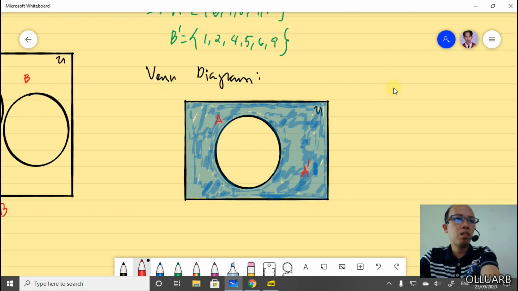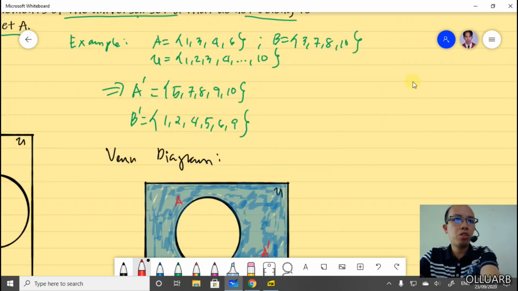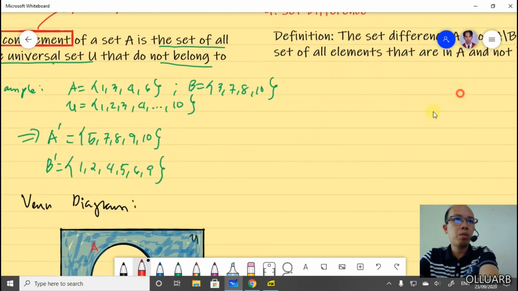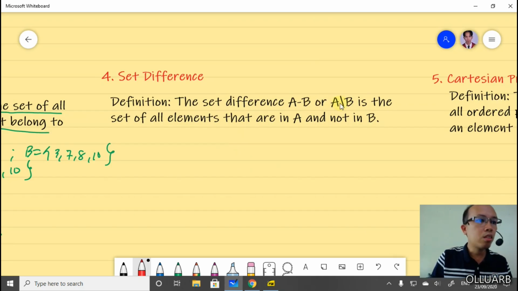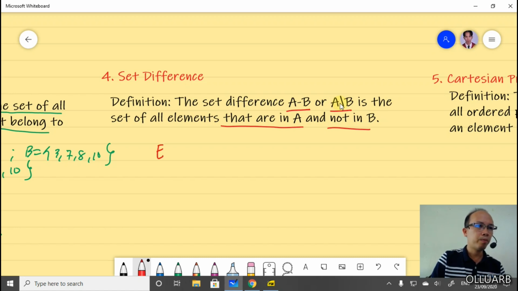For the fourth definition of the operation, we have the set difference. The set difference A minus B, with the notation as you can see here, is the set of all elements that are in A and not in B. Let's have an example here.